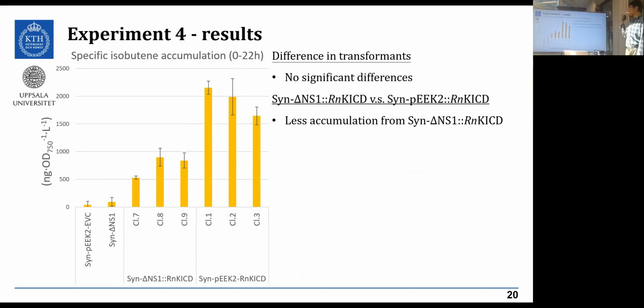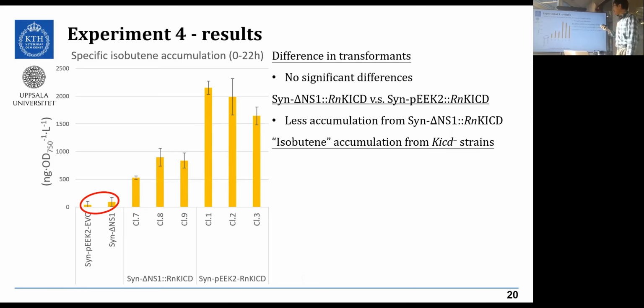And then let's compare the NS1 strain with the PIC2 strain again, and once again, the NS1 strain accumulated less isobutene than the PIC2 strain. And finally, despite being a very small amount, I still detected isobutene from the KD plus strains.